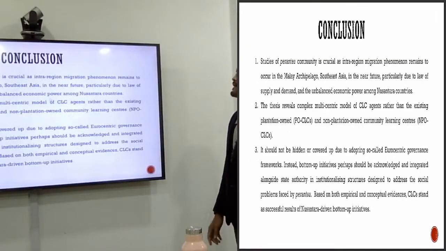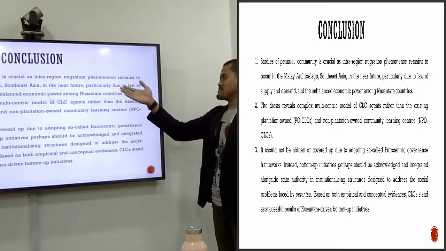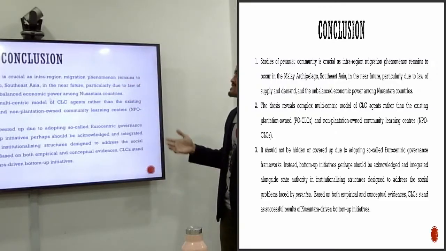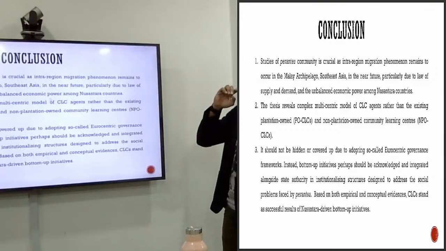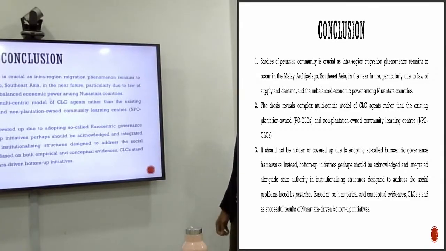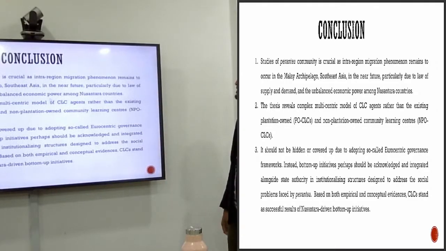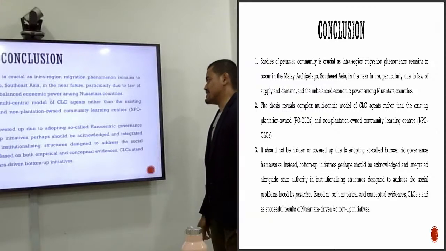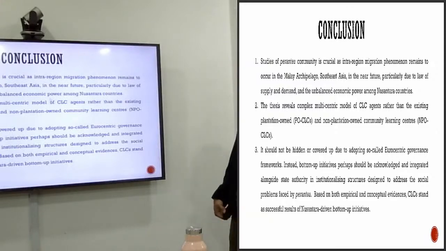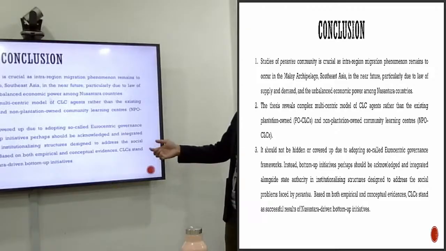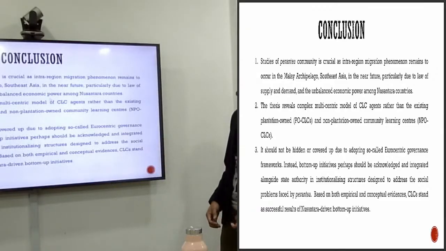First, studies of perantau community are crucial, as the intra-region migration phenomenon remains to occur in the Malay Archipelago in the near future, particularly due to the law of supply and demand and the unbalanced economic power among Nusantara countries. Second, the thesis reveals a complex multi-centric model of CLC agents rather than the existing POCLCs and NPOCLCs. And last, it should not be hidden or covered up due to adopting so-called Eurocentric governance frameworks.